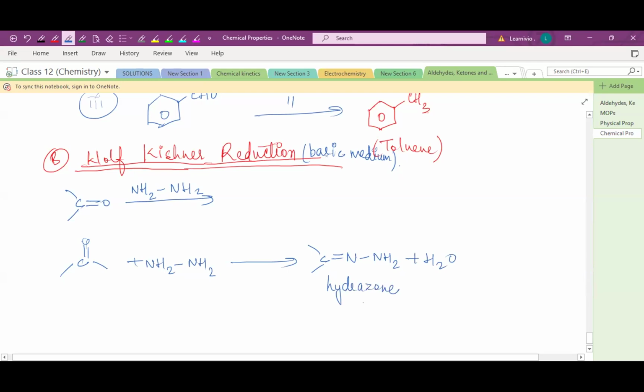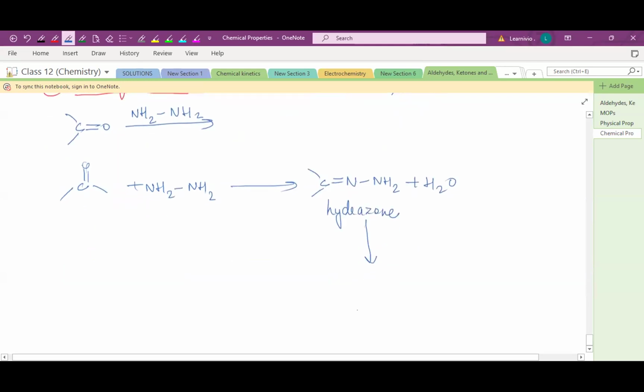Now we add, suppose, KOH. This Wolff-Kishner reduction occurs in a basic condition. When you add KOH and give heat, the N2 is a good leaving group, so it just leaves, and you will get the corresponding alkane.